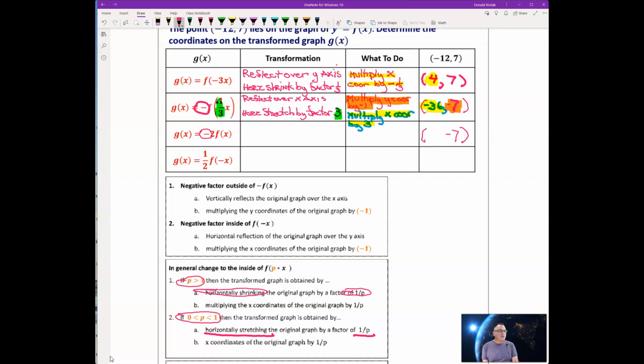The 2 is a vertical stretch. So that's also going to multiply the y-coordinate. Okay, so the y-coordinate actually ends up getting multiplied by negative 2, and it would end up being negative 14 then. And the x-coordinate would remain unchanged.